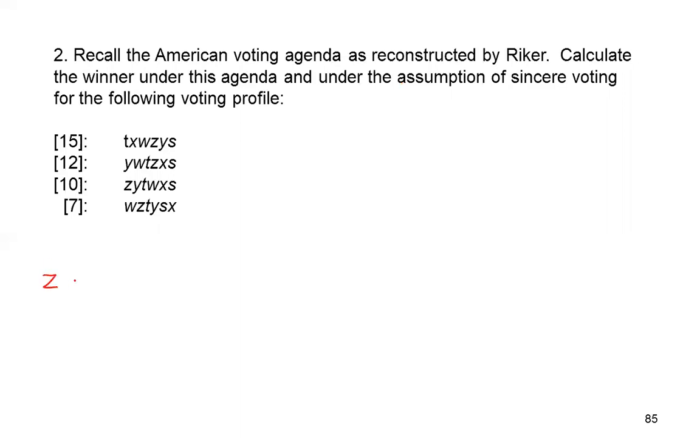It was first Z against Y, then independently X against W, and then T and S. So if we want to draw the picture, it will be something like that.